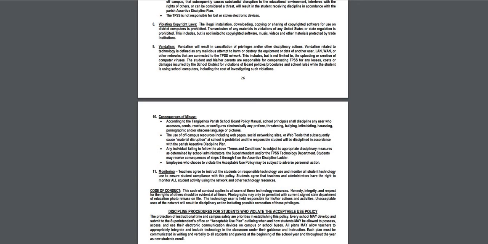The use of off-campus resources includes web pages, social networks, and sites, etc. Violation of the Code of Conduct applies to any user of a technology resource. Honesty, integrity, and respect for the rights of others shall be evident at all times.